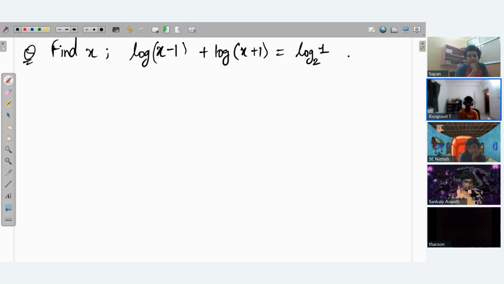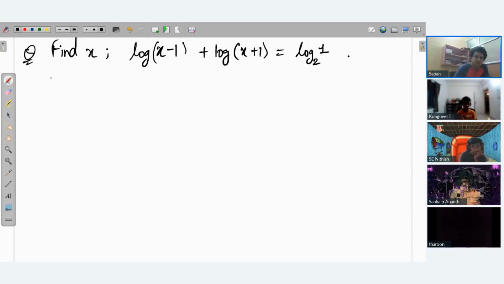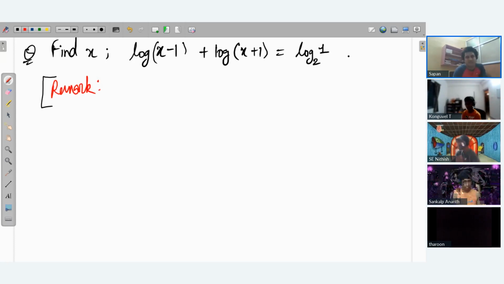Like log of what is x minus 1, sir? What's the base, sir? The remark is whenever the base is not shown, 10 is always the base.